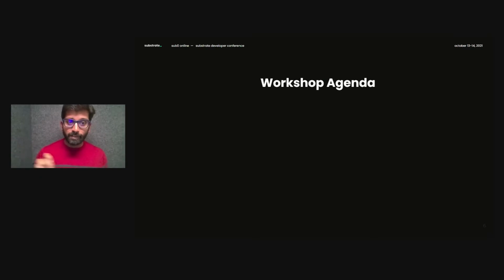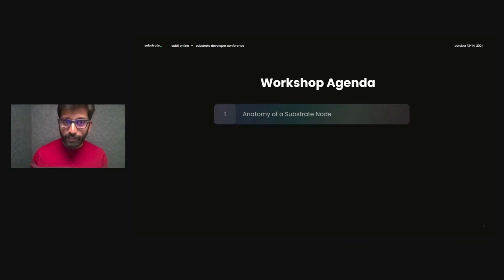Okay, so without further ado, because this is a workshop, it involves some hands-on activities. So I'm going to briefly talk about the workshop agenda, and we can get right into the tasks that we have planned for today. So the first thing is you'll be dealing with a node, a blockchain node. So it's important for you to understand its anatomy. That'll be the first part.